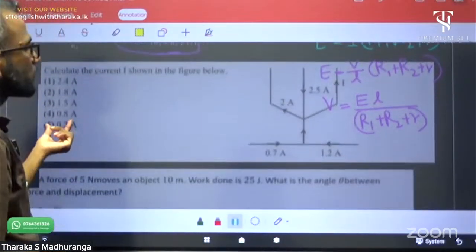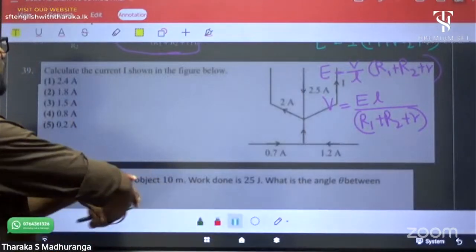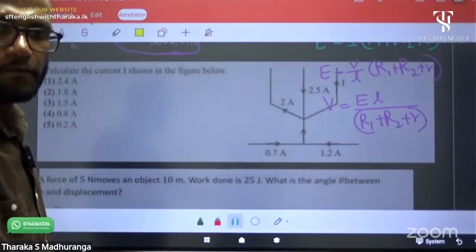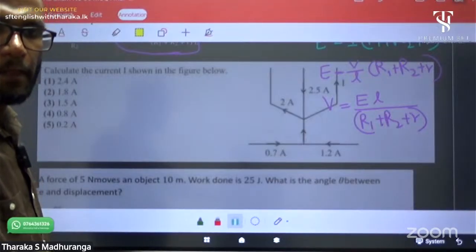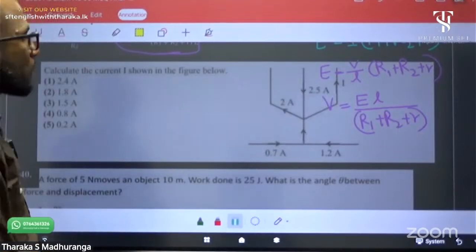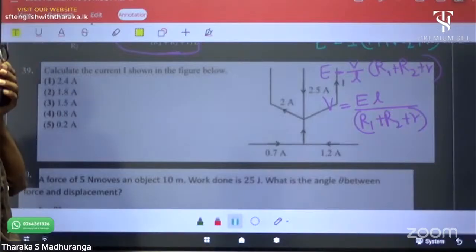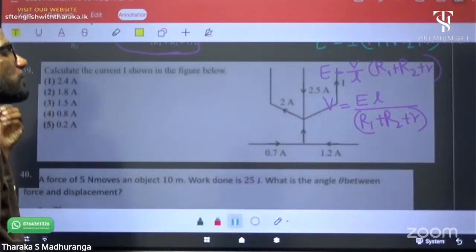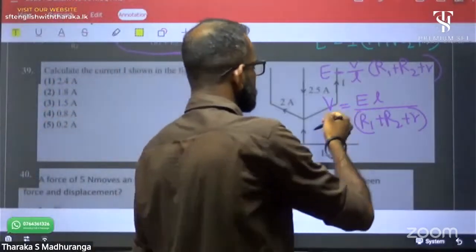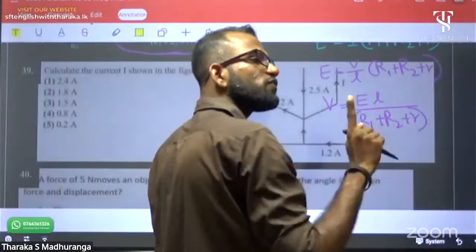Okay. Last two questions. Calculate the current I shown in the figure below. Okay, current I is asked. Okay, it is Kirchhoff's first law.